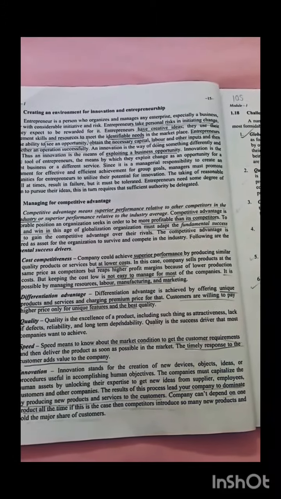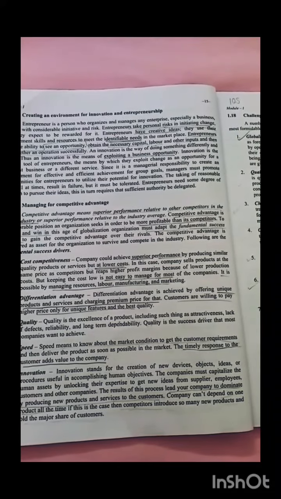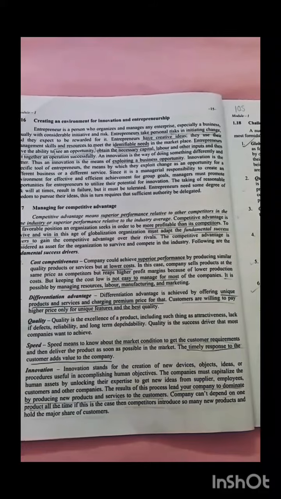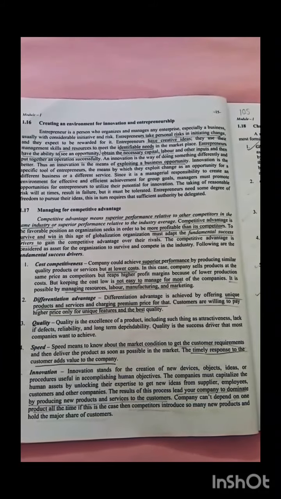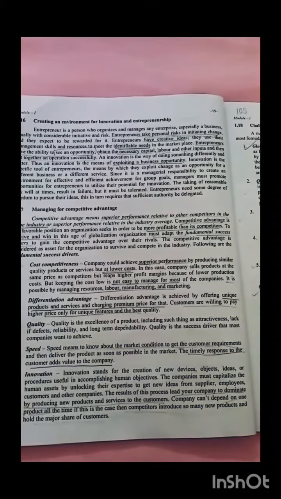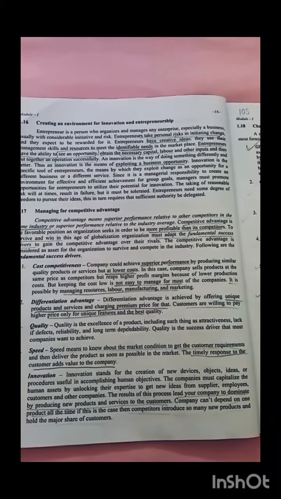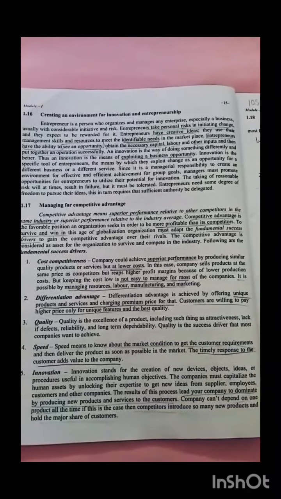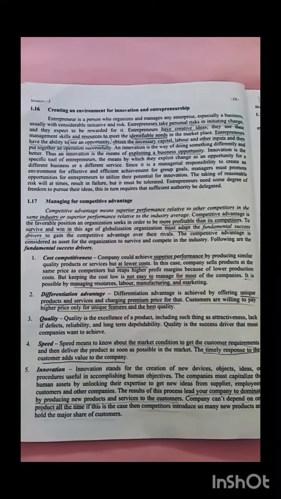If there is no innovation in a particular product, then that product wouldn't sustain in the market for long. The result of the process leads the company to dominate by producing new products and services for customers. That is how a new product is launched in the market through this innovative aspect. That is also a very important factor for competitive advantage.